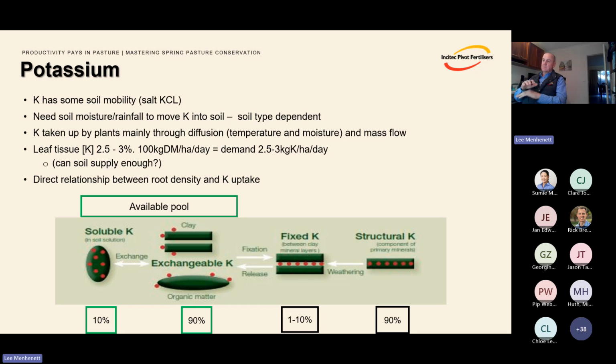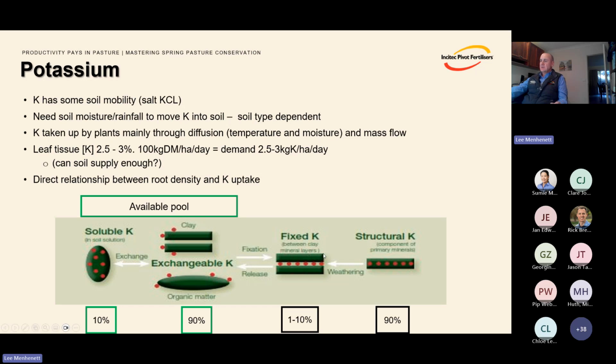So, less than half, 40% of it would be sourced deeper in the profile, below 30 centimetres. The majority of it, because of the root system and the root structure, is going to be removed from the top 30 centimetres of the soil. So where K resides within the profile, and also the plant root morphology, are going to dictate uptake.